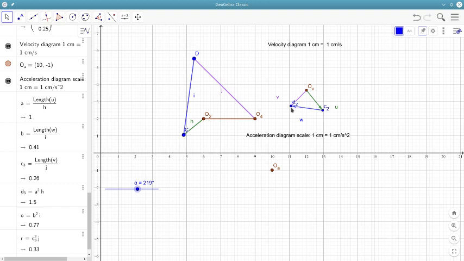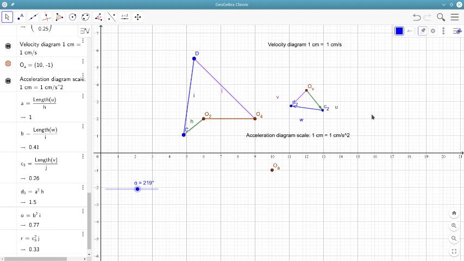The purple corresponds to the absolute velocity of point D, and the blue vector is the velocity of point D relative to C. We use the equation V of D is V of C plus V of D relative to C.